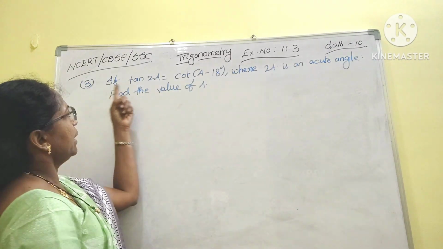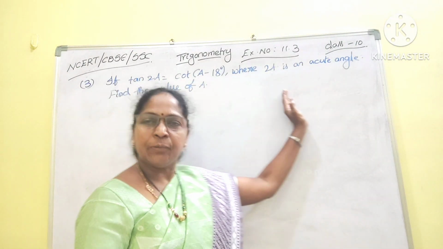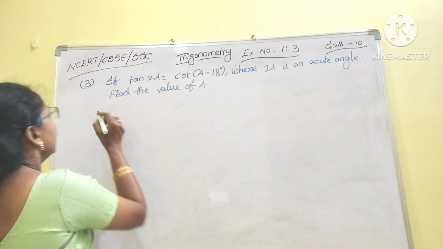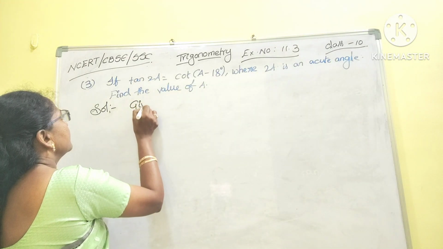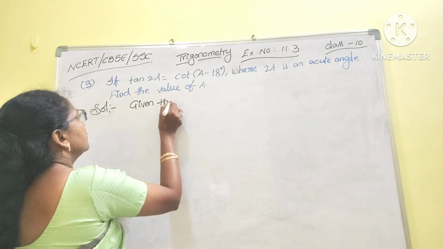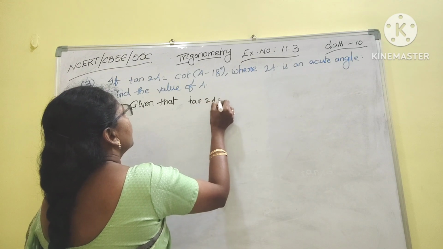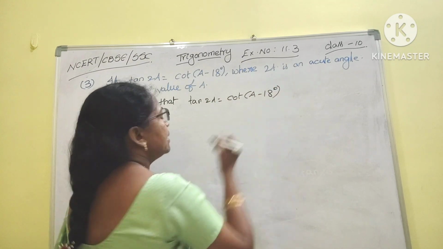Next question: if tan 2A equals cot(A minus 18 degrees), where 2A is an acute angle, then find the value of A. First, write down what is given: tan 2A equals cot(A minus 18 degrees).